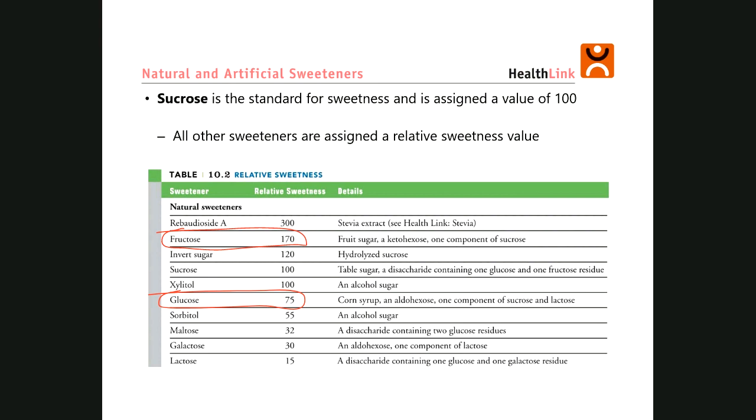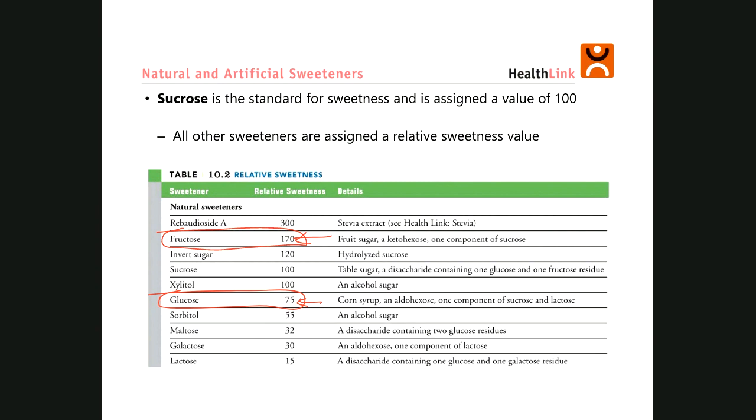If you hydrolyze it and break it apart, you've released glucose and fructose, mixed in equimolar amounts, 50-50 of each. It turns out that one is less sweet, but one is considerably sweeter. So per gram, invert sugar, which is what we call hydrolyzed sucrose, is sweeter than regular sugar.